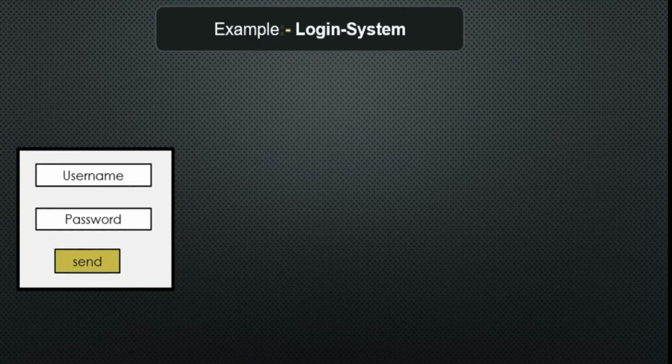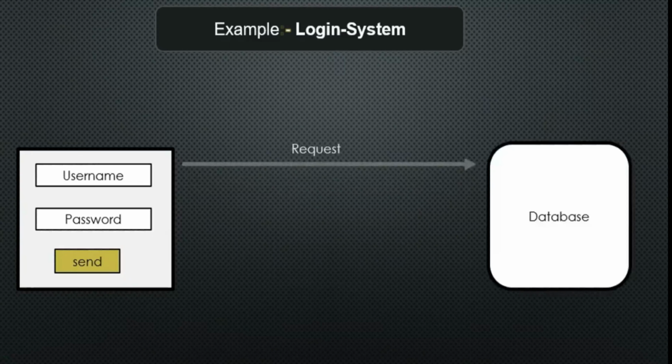So when the user enters the username and password value and clicks the send button or the register button, then these values should be stored in the database, like in a table or in key value pairs. We have to send the request to the database to please store this value in our tables, key value pairs, etc.